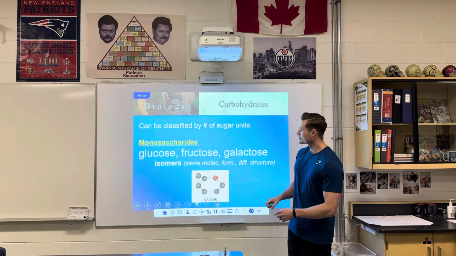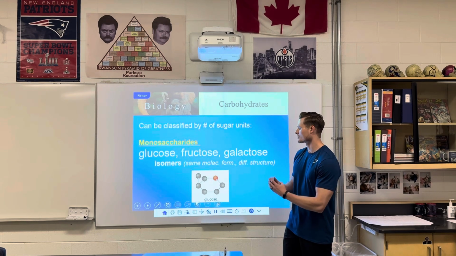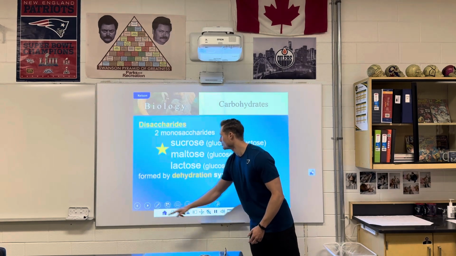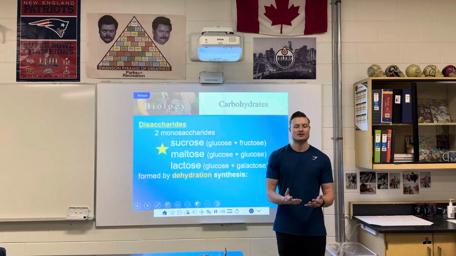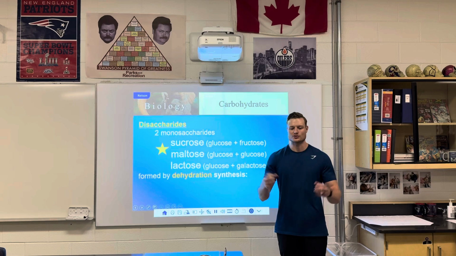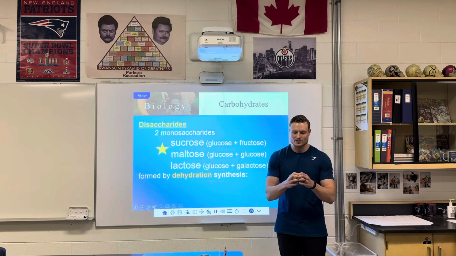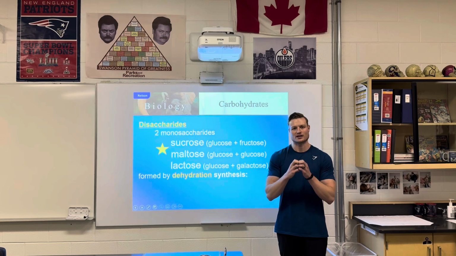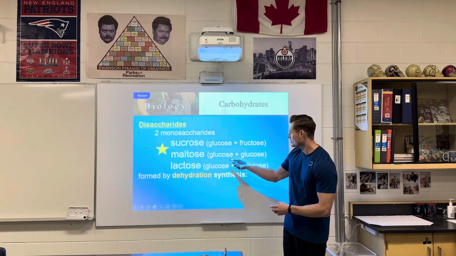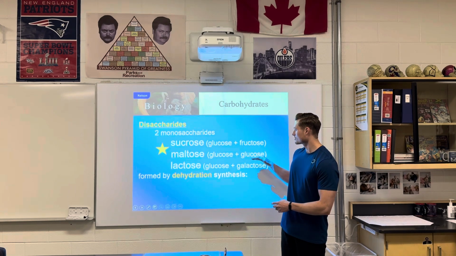Now, if we were to put two monosaccharides together, we would get a disaccharide, so di meaning two. So if I take two molecules of glucose and I add them together, I now have a disaccharide, and that disaccharide would be maltose, glucose plus glucose.